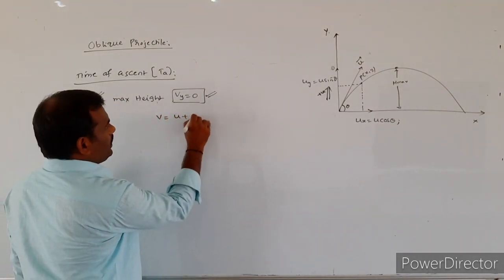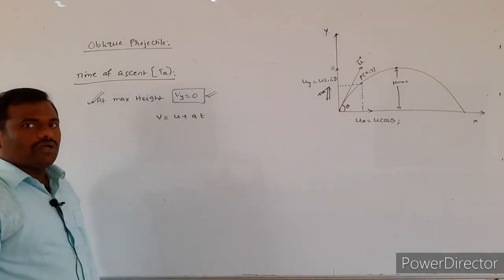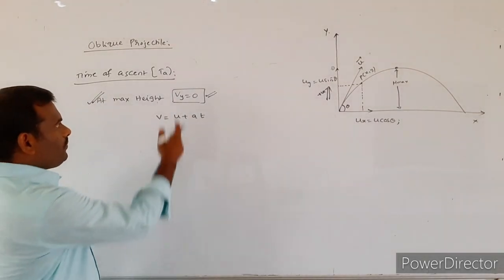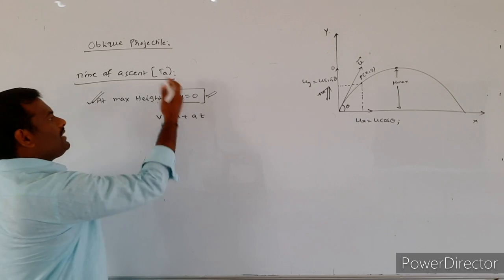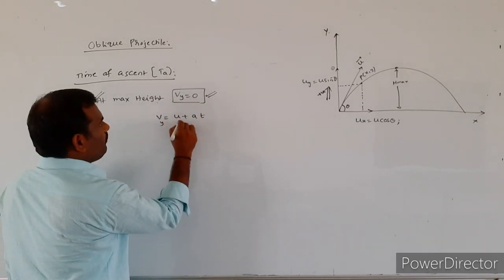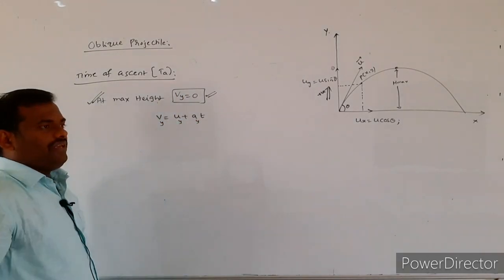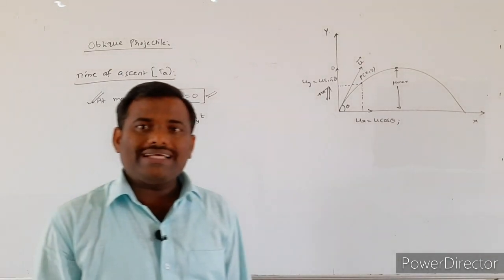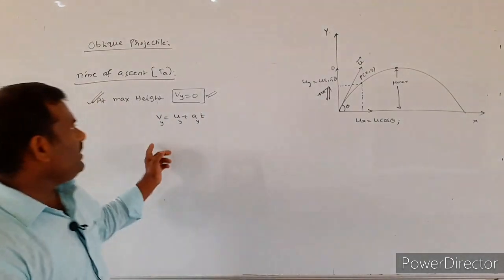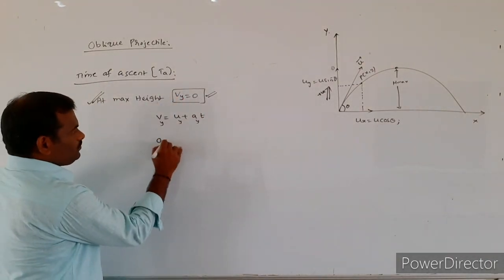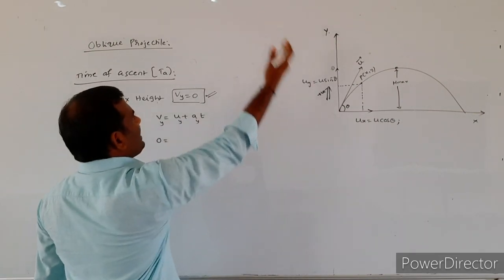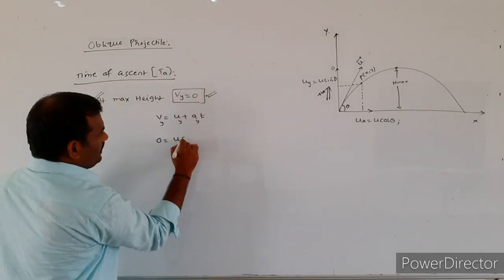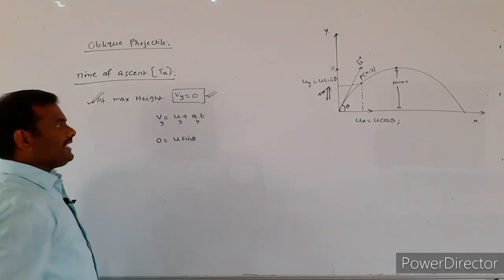I will write the general equation: V is equal to U plus at. Since we are discussing the motion along the y-axis, I will write Vy is equal to Uy plus Ay into T. Vy we already said is 0. Uy is the initial velocity along the y-axis, which is U sin theta.